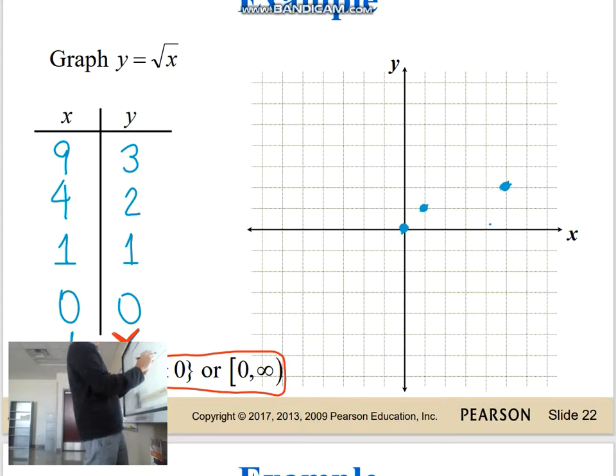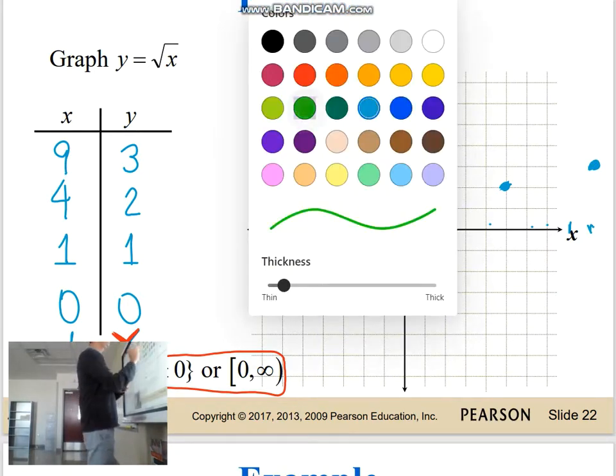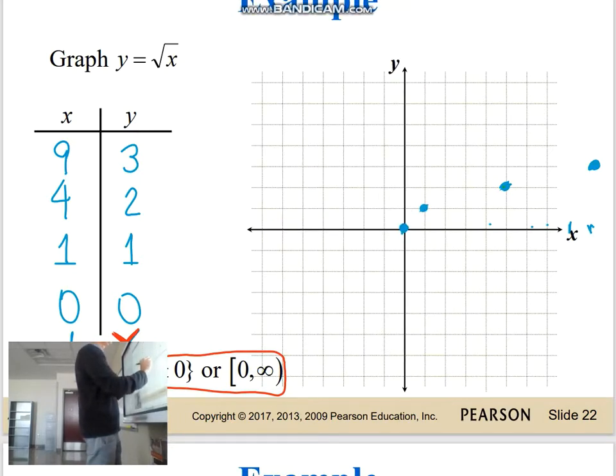Let me see if I can find 9. 1, 2, 3, 4, 5, 6, 7, 8, 9. 9 is about here. And 3, let's say it's somewhere here. And connect the points to find the graph.